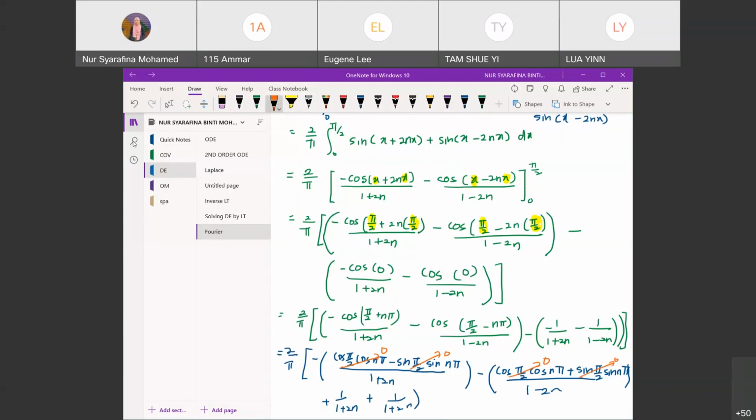Okay, and then this one is 0, 0, 0, and 0. Okay, can you follow this? Second part of cos fx, which part? The green one or the blue one?